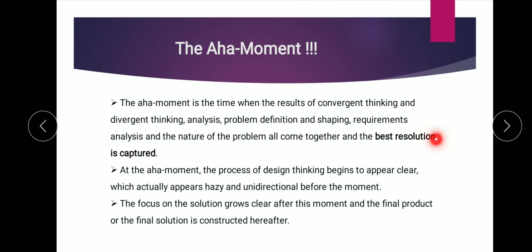At the aha moment, the process of design thinking begins to appear clear, which actually appeared hazy and undirected before. So that is the last moment of the design thinking process, before the final implementation of the project.